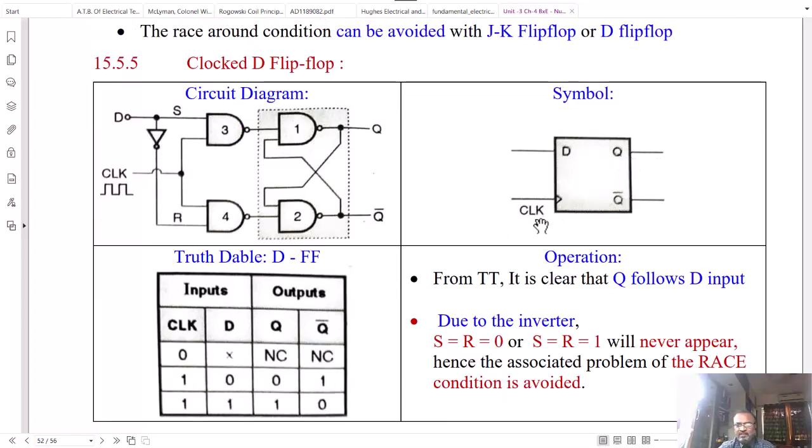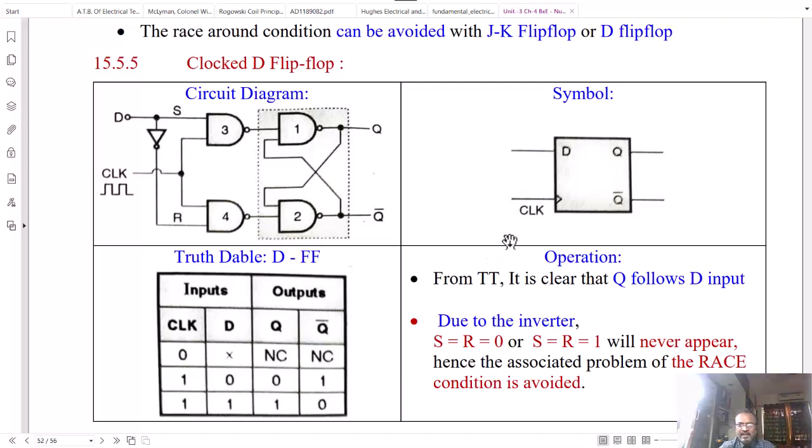There is a single input D and Q output and Q bar output, and there is a clock. If there is no bubble on the clock, it is a level triggered flip-flop. If there is a triangle on the clock input, then it is an edge triggered flip-flop. Now here you will see there is a triangle in the symbol, means this is a positive edge triggered flip-flop.